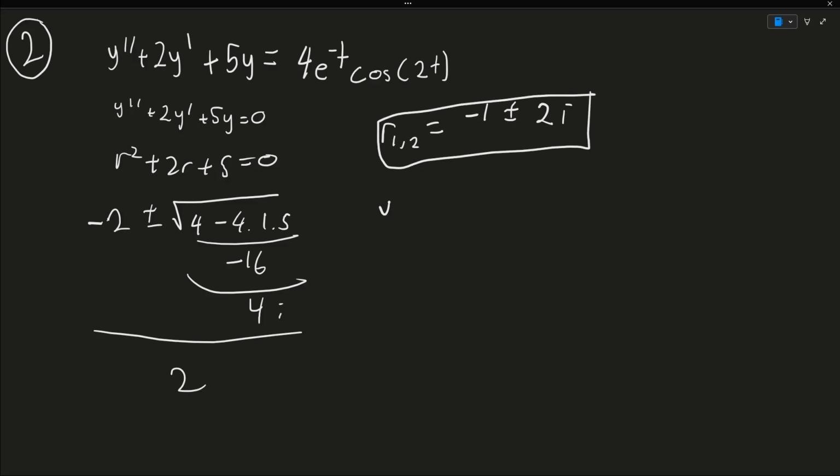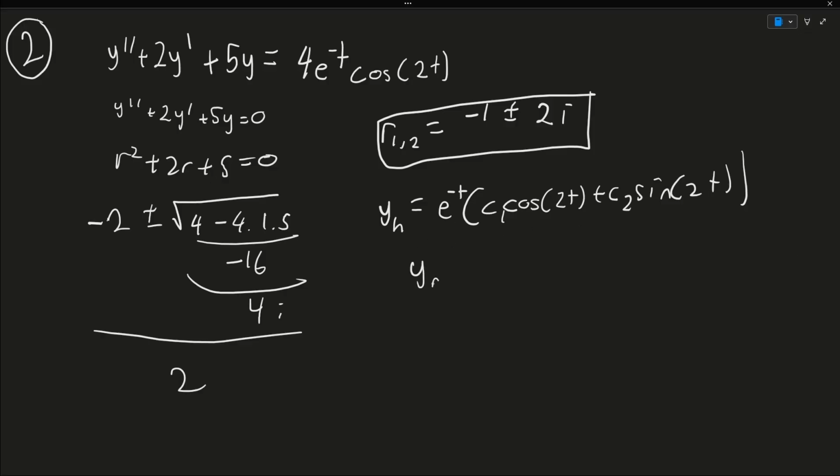So your solution for yh is going to be e to the real part, negative t, multiplied with c1 cosine of 2t plus c2 sine of 2t. Awesome. Now that we have this, we can go ahead and build our fundamental set of solutions. We're going to multiply this e to the minus t, because you don't consider the constants.